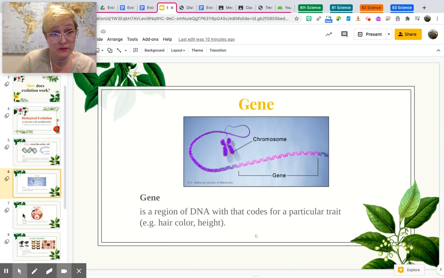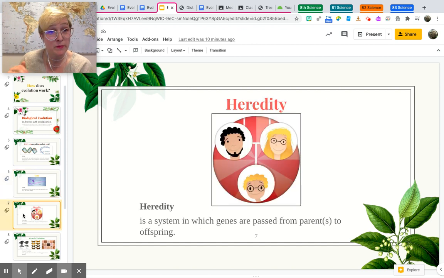Now, genes, right? This is an important part of evolution. Genes are passed on. If genes weren't passed on, evolution wouldn't work, right? And the fancy name for this is heredity. Now, I know you've made something like this at some point in your schooling career, where you have like, this is my dad, and this is my mom, and this is what I look like, because I have some traits from my dad, and I have some traits from my mom, and I get me.